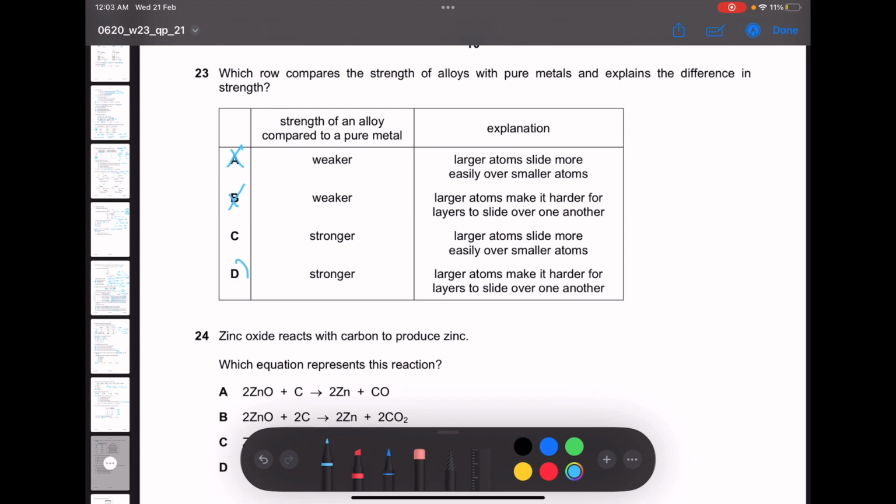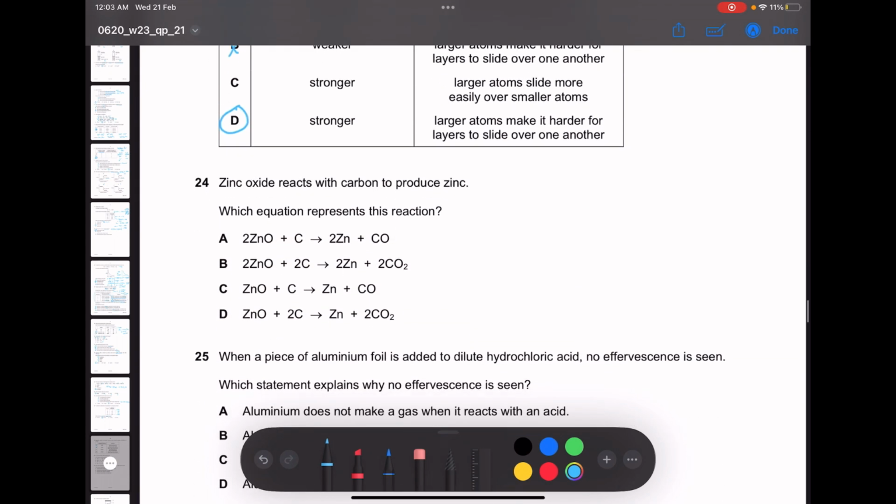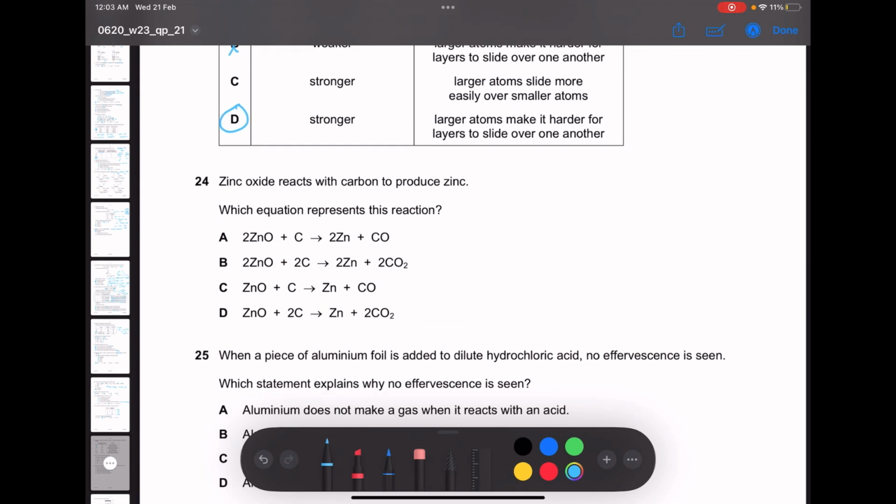Zinc oxide reacts with carbon to produce zinc. Which equation represents this reaction? This is a reduction process, and carbon is a reducing agent.